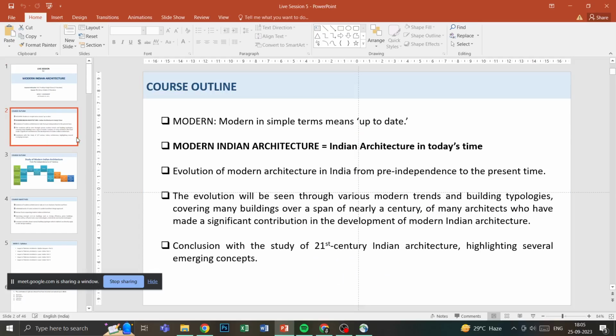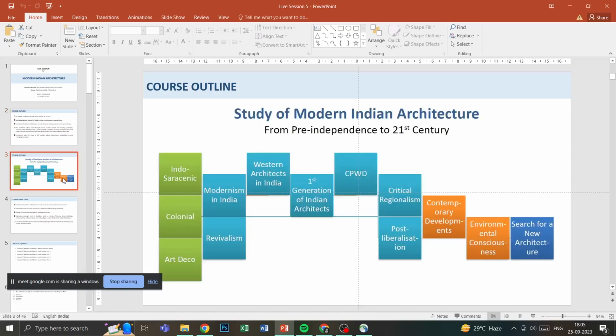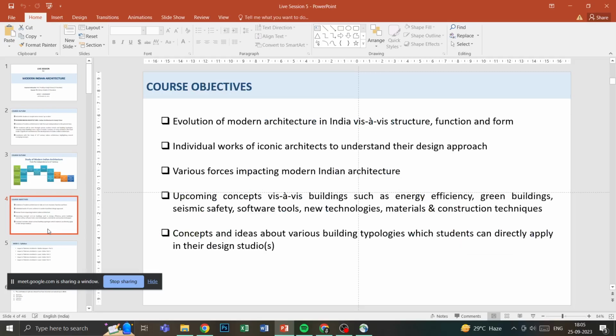So we all know the course outline, in this entire course, what has been taught. This is the timeline that has been followed in this course, and the course objectives were to understand the evolution of modern architecture in India with the help of understanding of structure, function, and form.